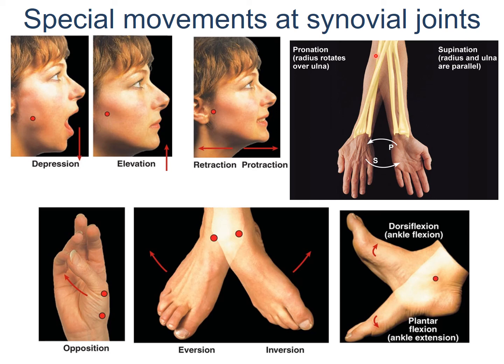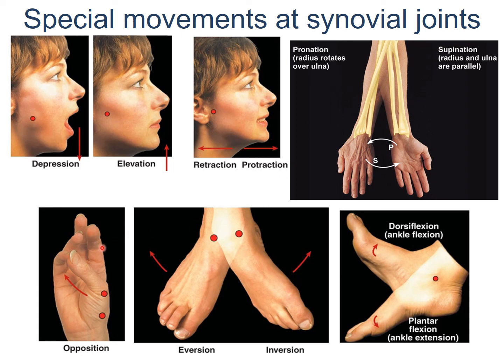See how it looks like an X? Radius was here, and now it rotates on top of ulna. This position is called pronation. So when radius rotates over ulna at that pivot joint, that position is called a pronation. So we've got supination and pronation.